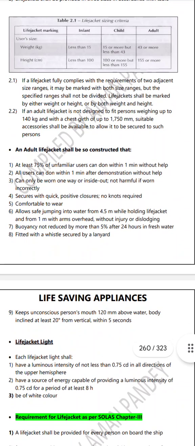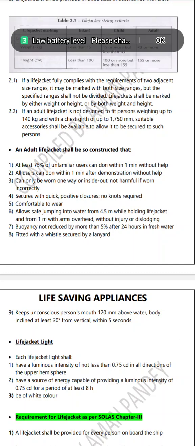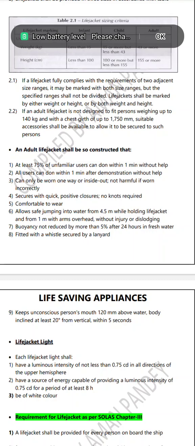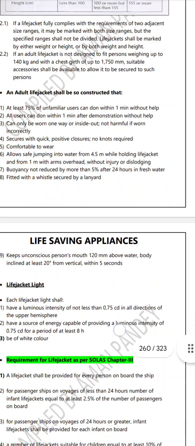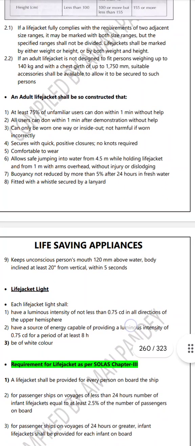If an adult life jacket is not designed to fit a person weighing up to 140 kg with a chest girth of 1750 mm, suitable accessory should be available to allow it to be secured on such persons. Okay, if it is more than 140 kg, or the chest girth is more than 1750 mm, then some arrangement is necessary, which shall be available to allow it to be secured on such a person.